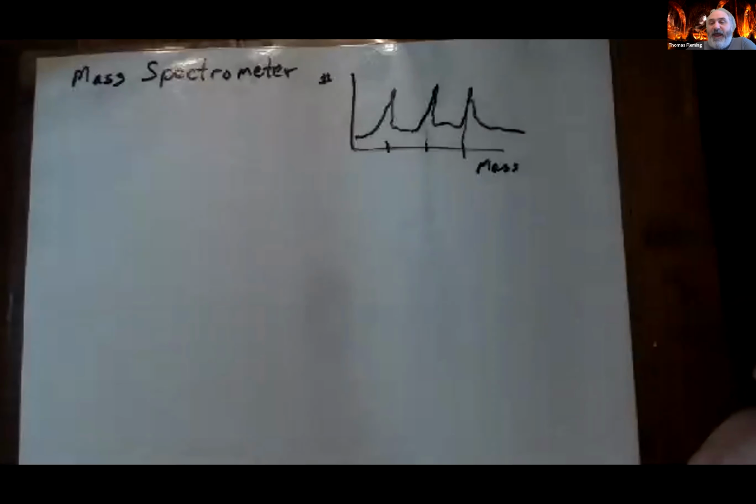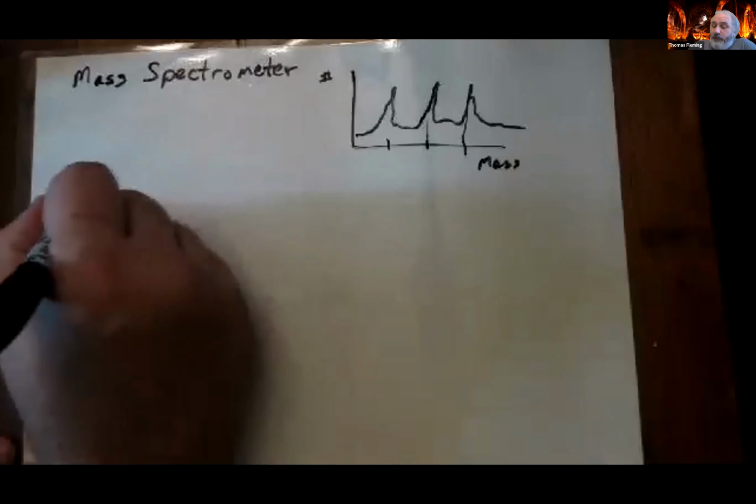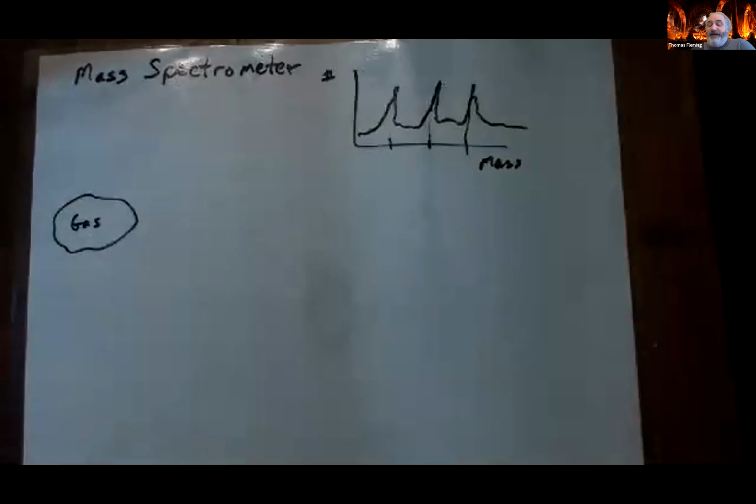So here's what's going to happen in any mass spectrometer. And there's different varieties, so we'll be making some generalizations in places. But you're always going to start off with a sample of gas. Now, in that gas, you've got a whole bunch of different kinds of stuff that you don't know.